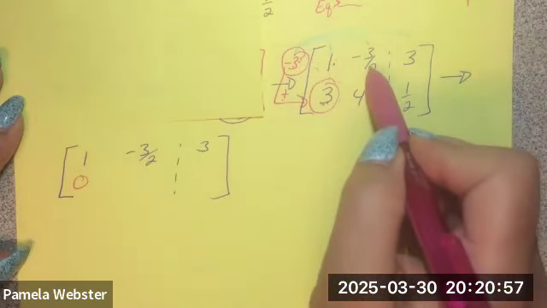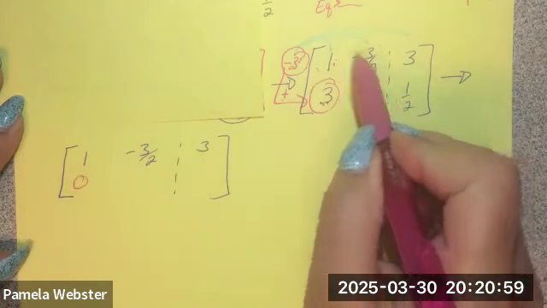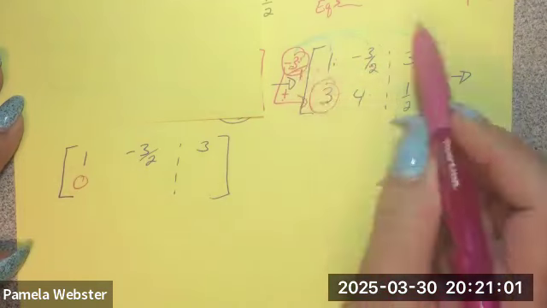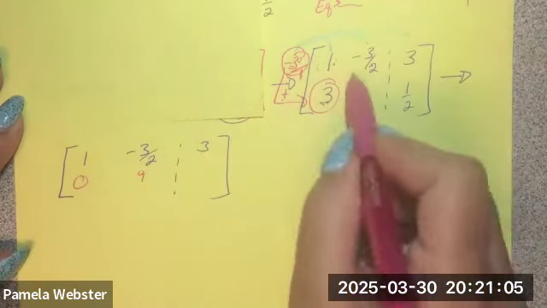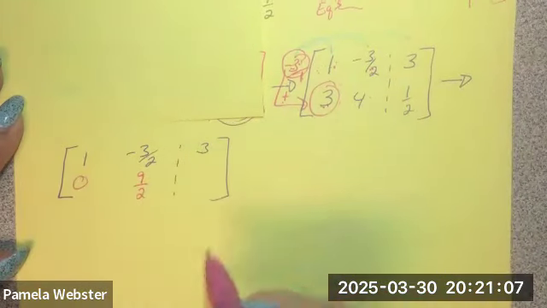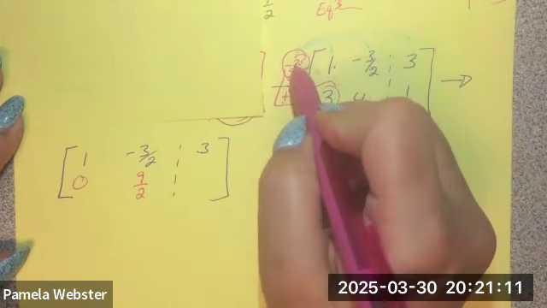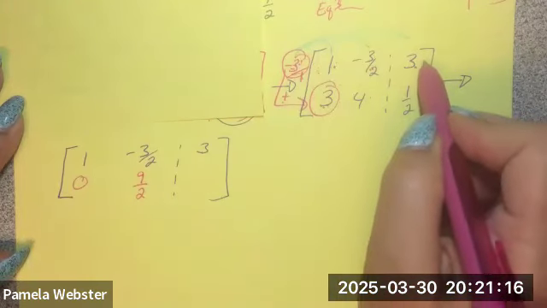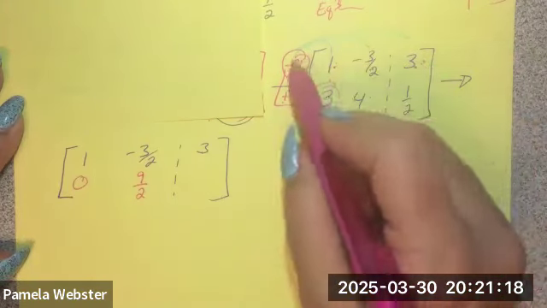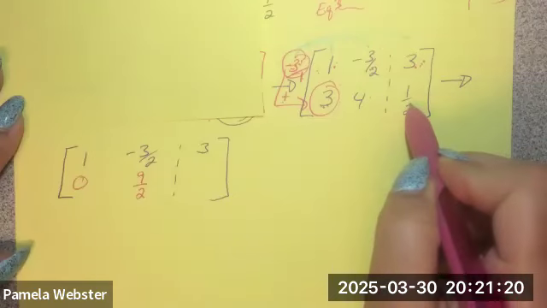Negative 3 times negative 3 halves. A negative and a negative is a positive. This is 3 over 1, right? So that's 3 times 3 is a 9. 1 times 2 on the bottom is a half. We still got a fraction going on. It's okay. And then negative 3 times positive 3 is 9. Be careful here because 9 plus 1/2.